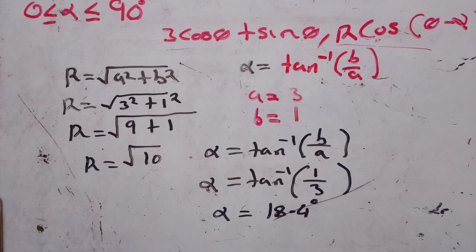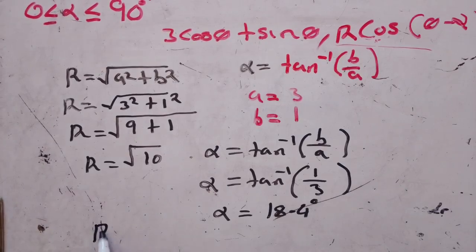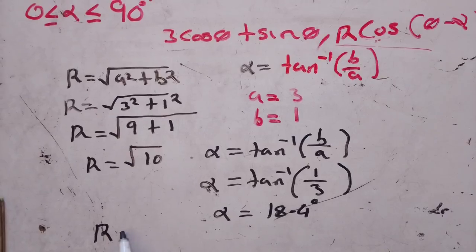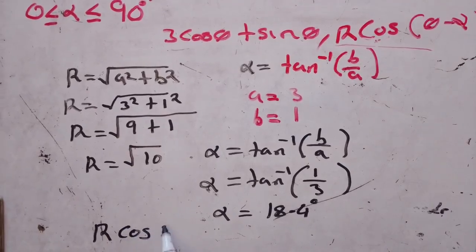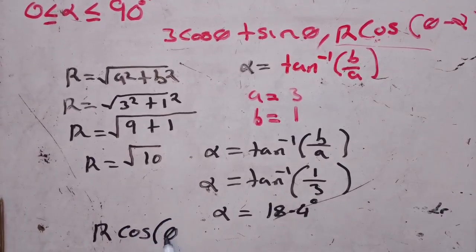Having found these two, r and the acute angle, you can now substitute in the form they told us to express that function in: r cos open brackets theta minus acute.